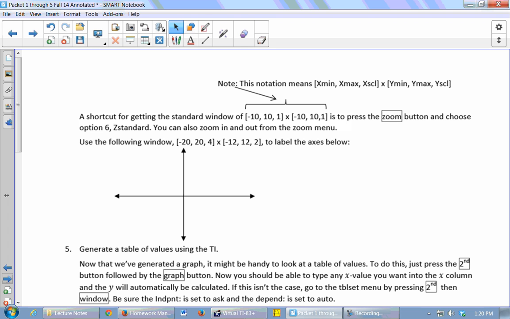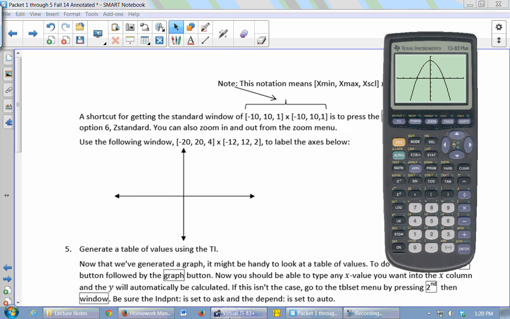And [-10, 10, 1] means y min, y max, y scale. So the notation is like that. And if you want a shortcut to get that -10 to 10, -10 to 10 window, you can press zoom 6 and it will automatically give you that window. It's called the standard window.